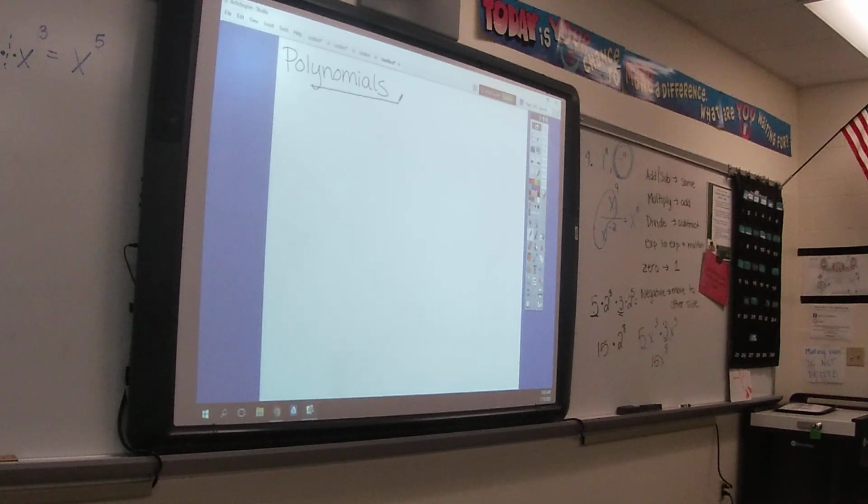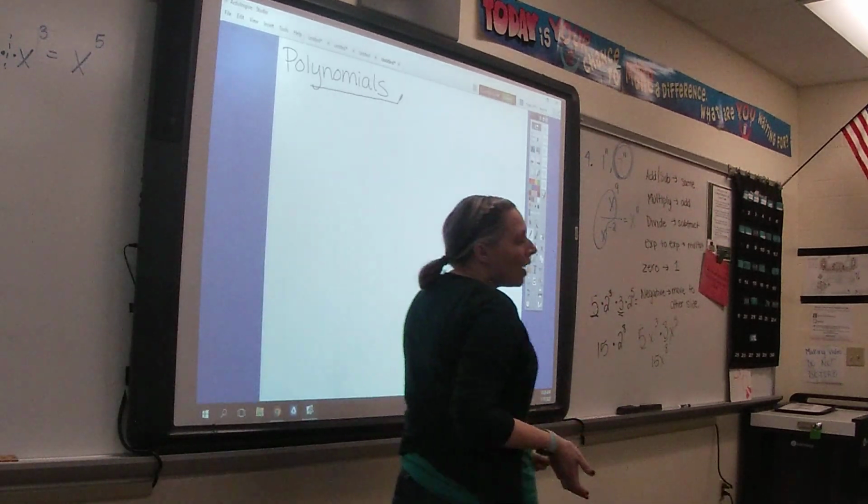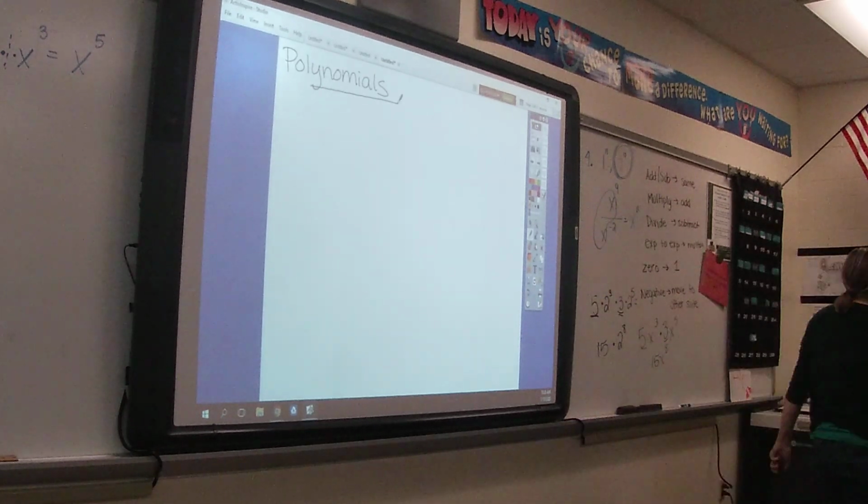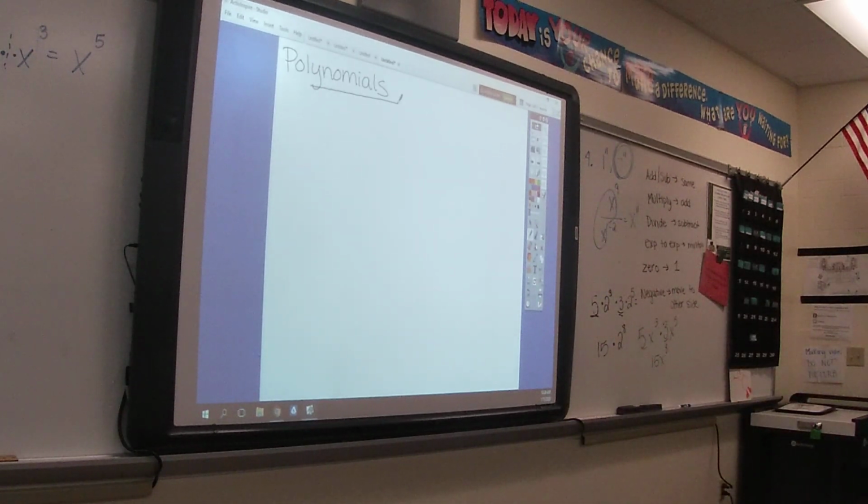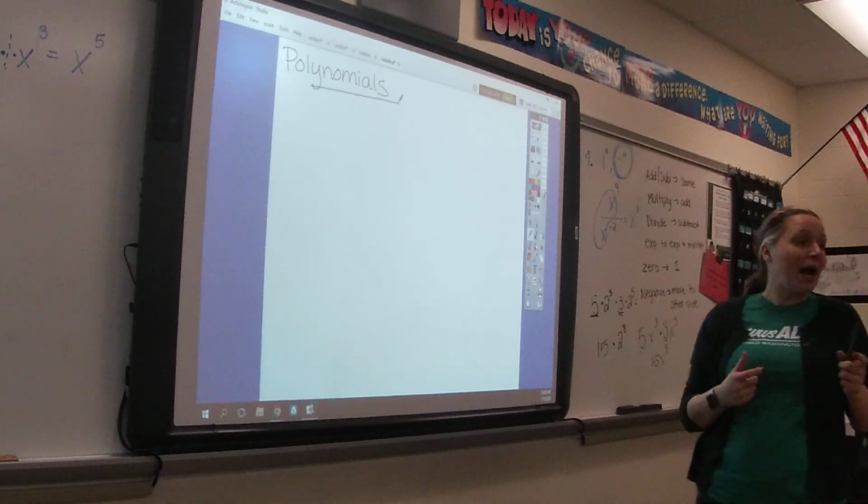What does the prefix poly mean? Many. So when we are talking about polynomials, we're actually talking about something with many terms. We could write down a fancy book definition, but a term is just each individual piece that is being added or subtracted from each other.